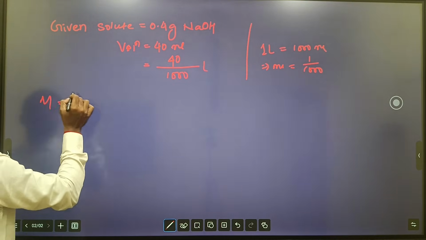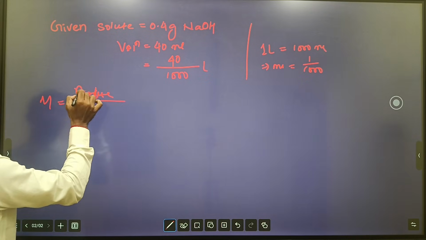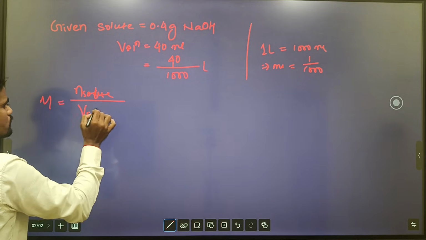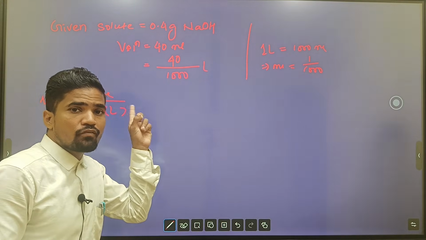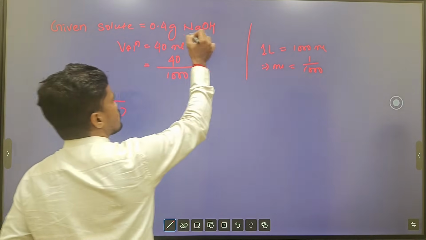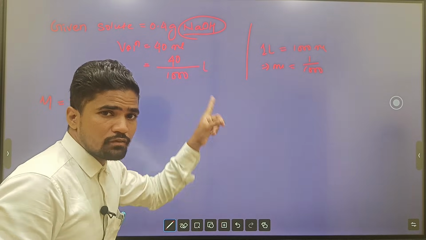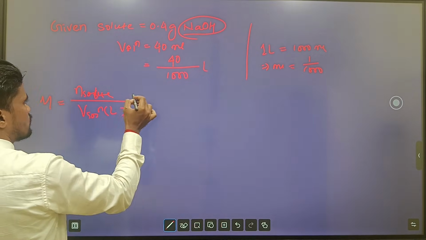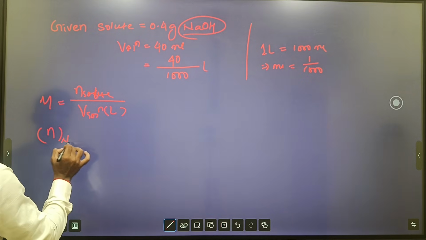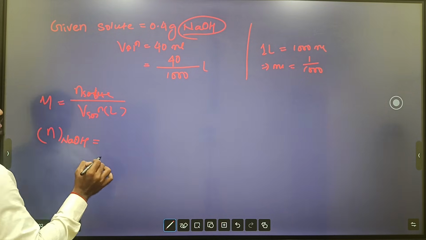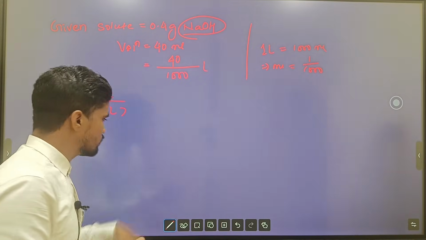Okay, so let's find the molarity. Molarity is equal to number of moles of solute divided by volume of solution in liter. So first we need the number of moles of solute. Initially we have to find out the moles of sodium hydroxide, because that is the solute. Number of moles of sodium hydroxide equals given mass upon molecular mass.